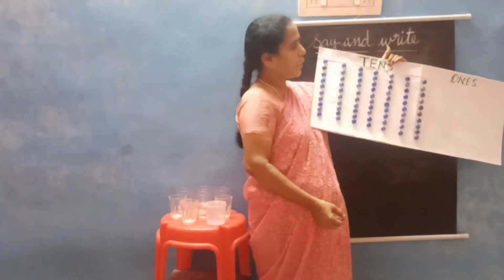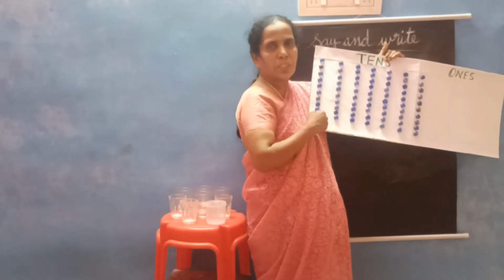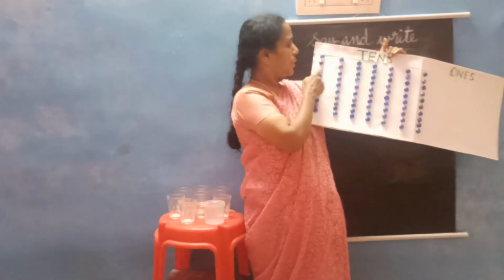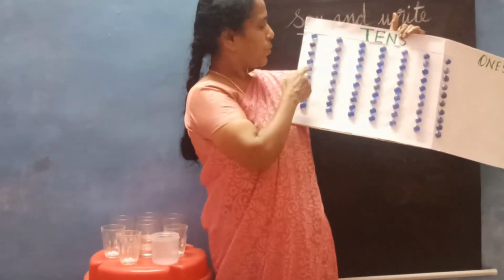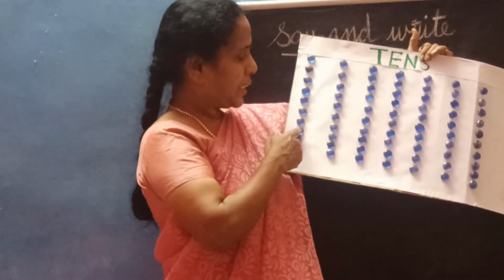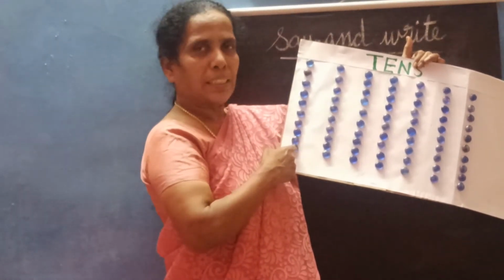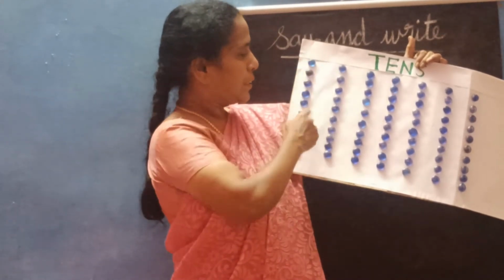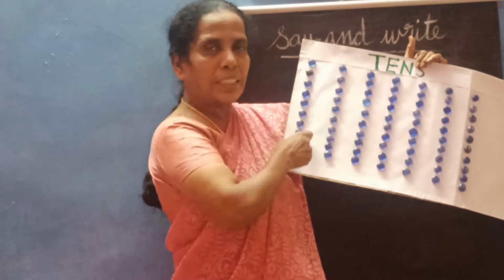First we will count the marbles. 1, 2, 3, 4, 5, 6, 7, 8, 9, 10. How many marbles are here? 10. Each line has 10 marbles.